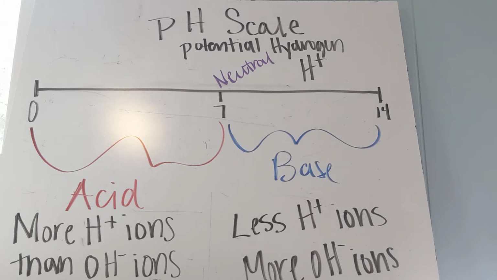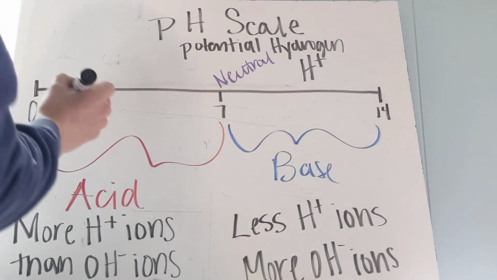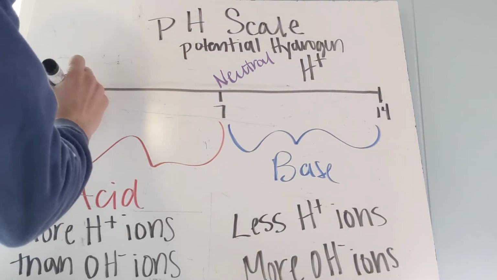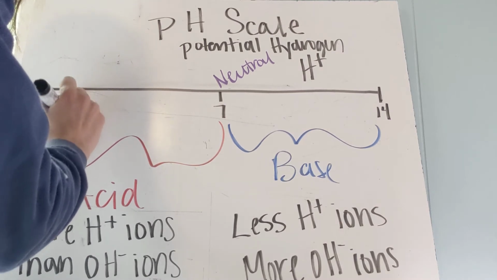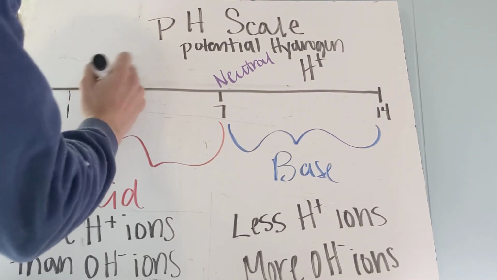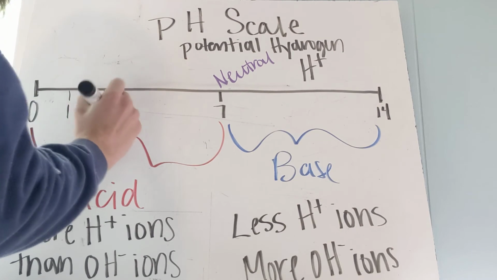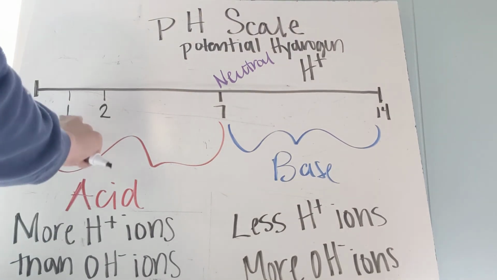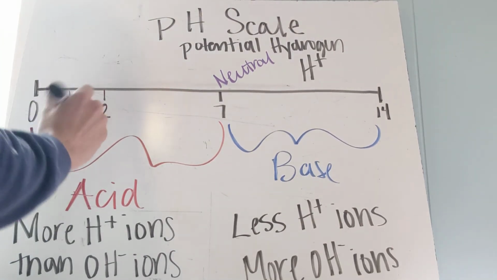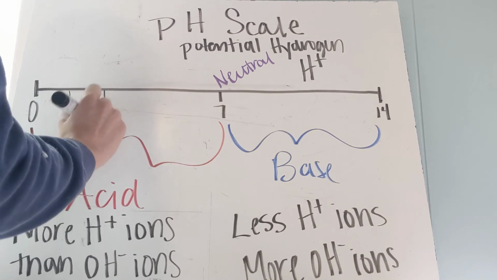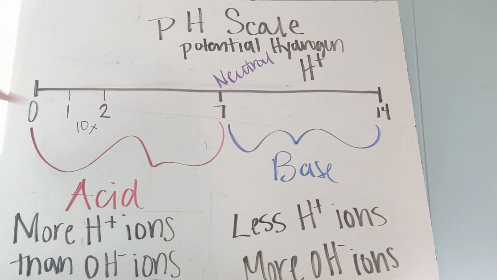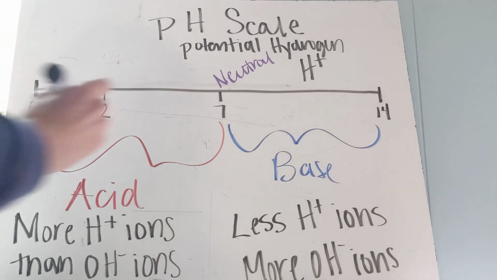One last thing to note is that the pH scale is a logarithmic scale. Meaning, if I have an acid that has a pH of 1, and I'm comparing that to an acid that has a pH of 2, since it's on a log scale, the acid with a pH of 1 is actually 10 times stronger than the one with a pH of 2.